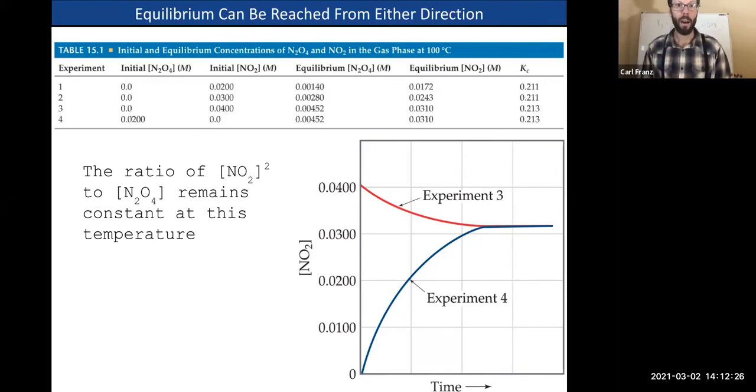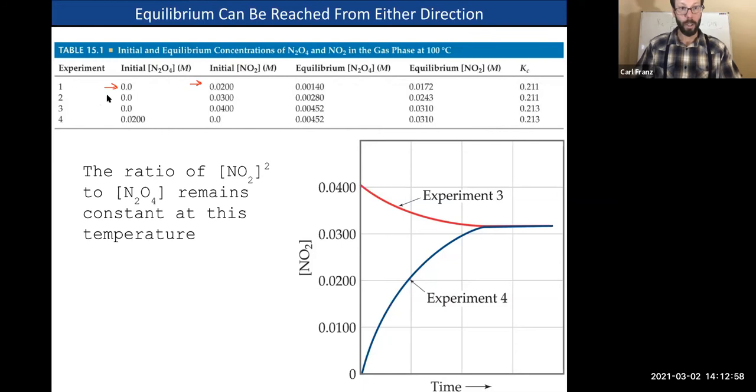And we have, oh, that should look familiar, dinitrogen tetroxide and nitrogen dioxide, right? What this is showing is that in experiment 1, we start with no dinitrogen tetroxide and a certain concentration of 0.02 for nitrogen dioxide, okay?